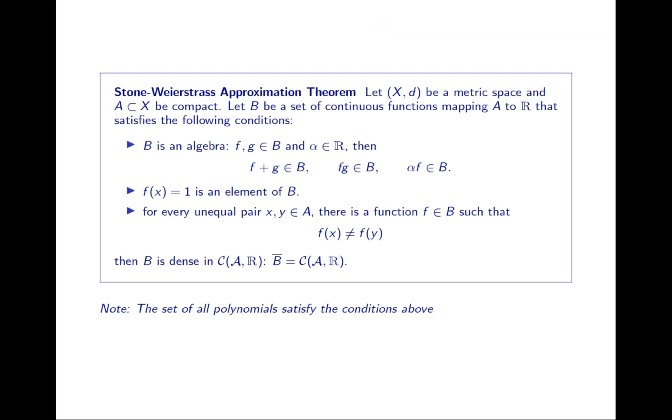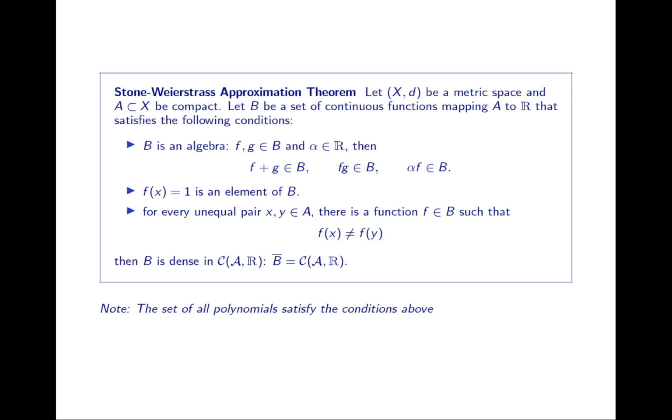Stone-Weierstrass is essentially a generalization of the result we just saw, the Weierstrass approximation theorem. If you have a metric space and a subset of the metric space is compact, and if B is a set of continuous functions mapping that compact subset A to R, and B satisfies the following conditions, B is an algebra.